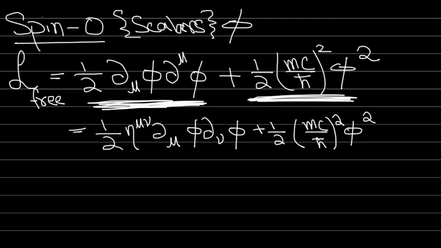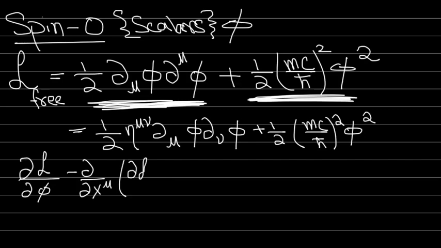Now to do that, what we need is the relativistic Euler-Lagrange equation of motion, that is partial L over partial phi minus partial over partial x mu times partial Lagrangian over partial (partial mu phi), is equal to 0.